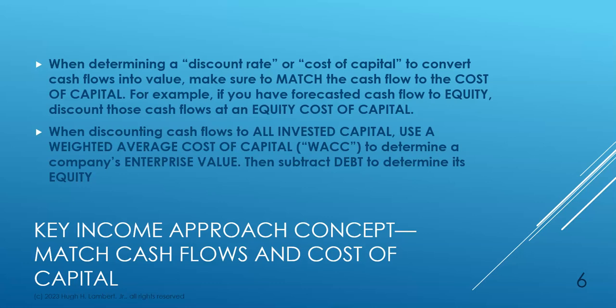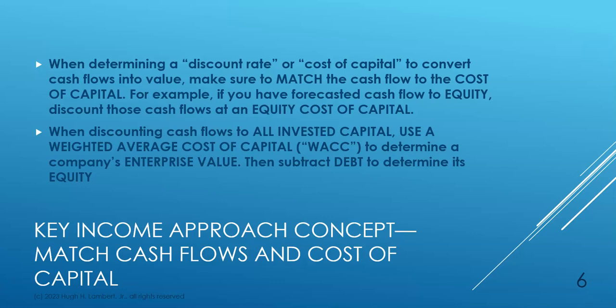Then we would subtract debt to determine the equity value. So in other words, that second method looks at the company as a collection of two different forms of capital, debt plus equity, comes up with a value called an enterprise value, which takes into account both of those, then subtracts off debt to get to the equity value.